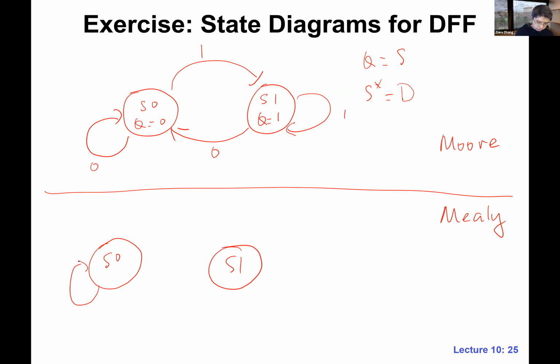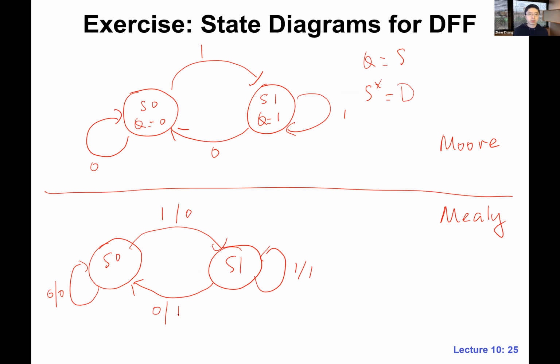Over here, 0/0, no surprises, and 1/1. If input is 1, we output what? And if input is 0, we output 1. Right, Steve, you're right. So we put 0 here and we put 1 here.